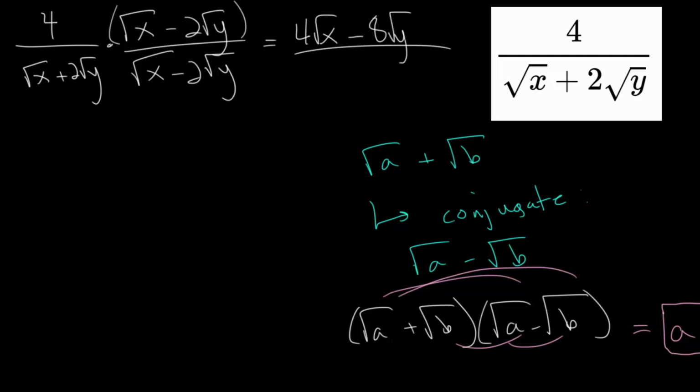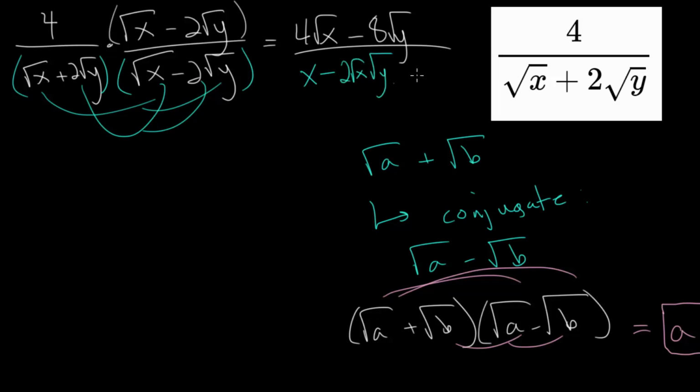And in the denominator, we will have to use FOIL or distribution. The root x goes to both. The 2 root y goes to both. Root x times root x, that's positive x. Root x times minus 2 root y. Let me just write all this out. We have minus 2 root x root y, and then we will be adding that same expression, 2 root x root y.